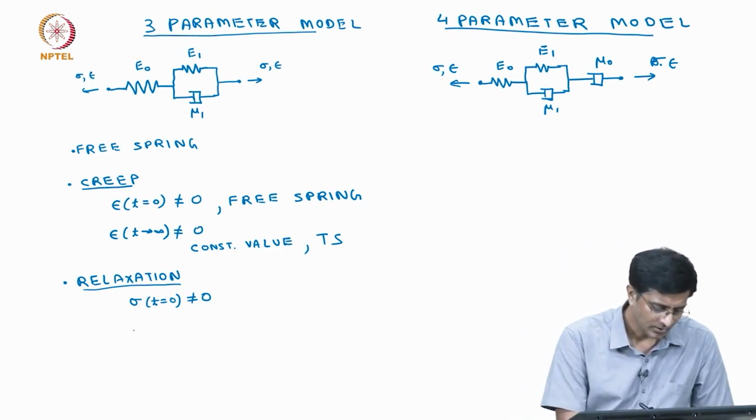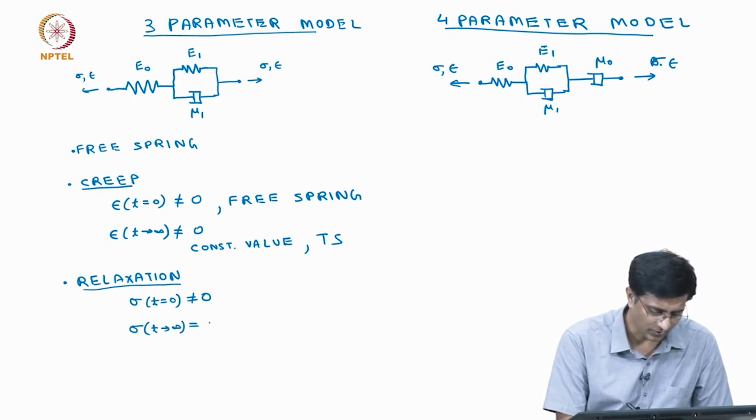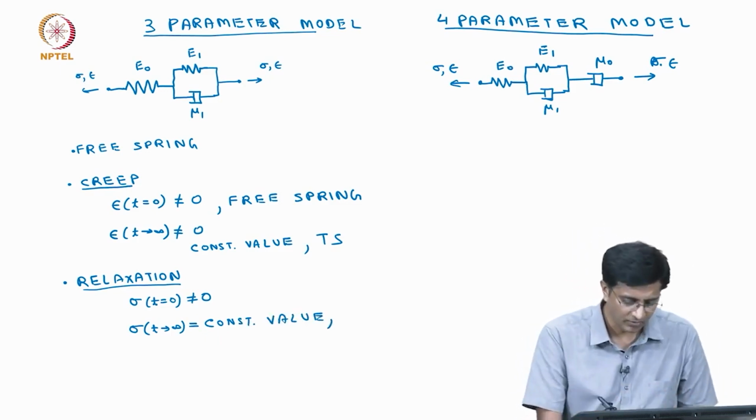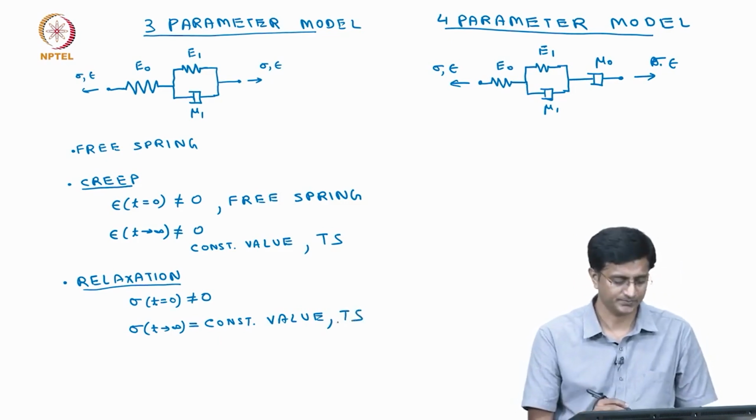So, which means when t approaches infinity, you reach a constant value or a finite value of stress. Again, this behavior matches well with a thermoset and not the thermoplast. Okay.